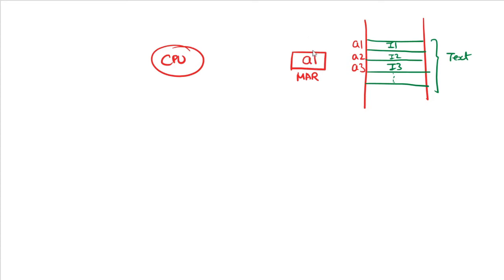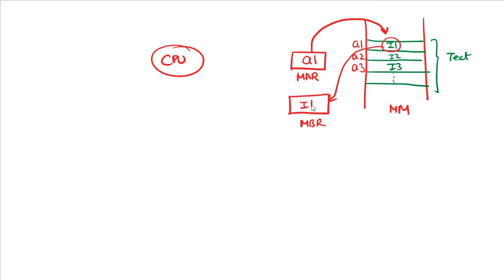MAR will pass it to main memory, and main memory will give this instruction to MBR, the memory buffer register.